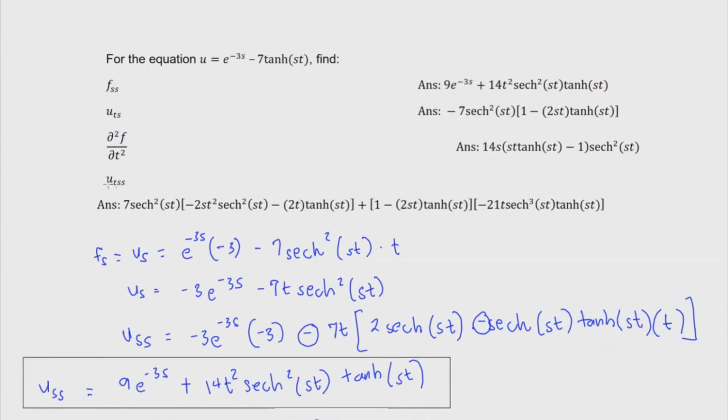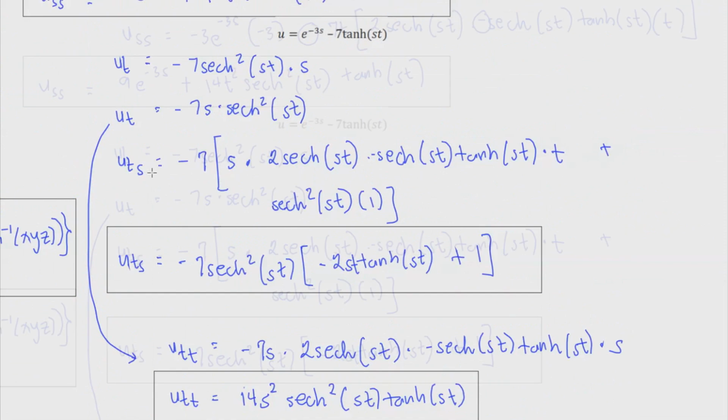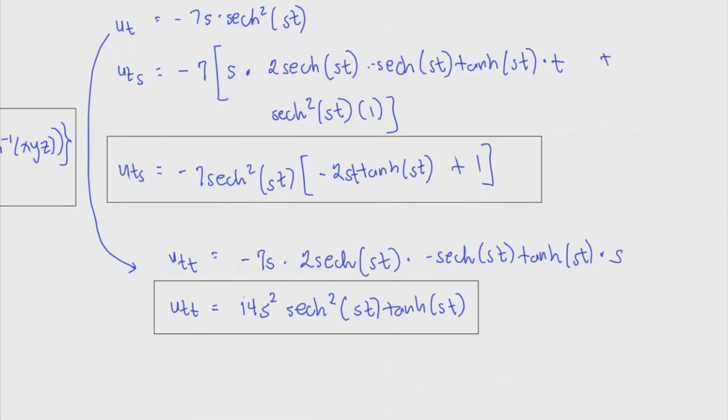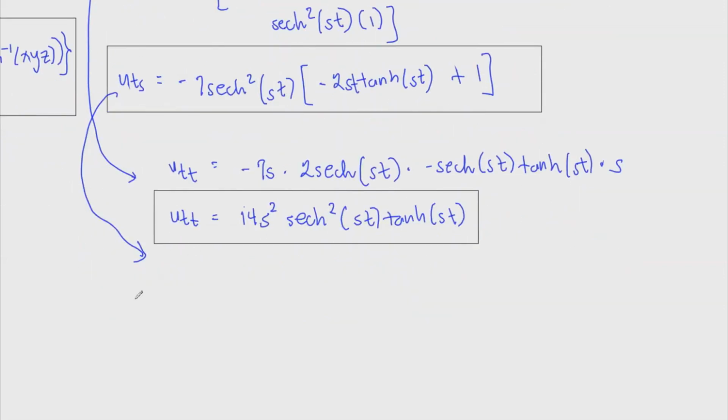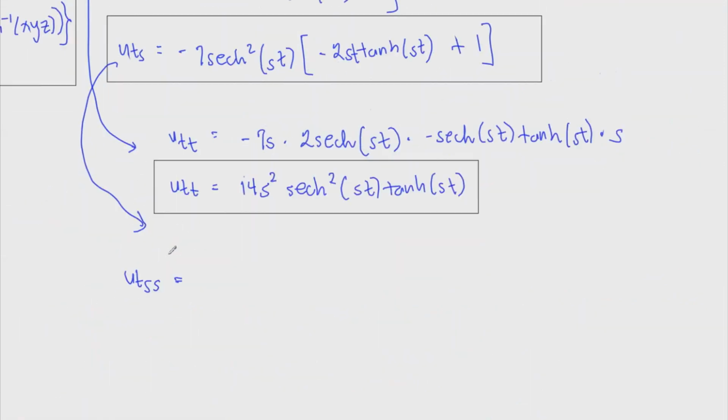Okay, so now you proceed with this u sub ts. We just start with u sub ts, because I think we already obtained the correct answer from this one. So we just continue this expression that we have here. So we need to differentiate this expression with respect to s. And in this case, let me distribute the terms first so that it will be a lot easier for us.